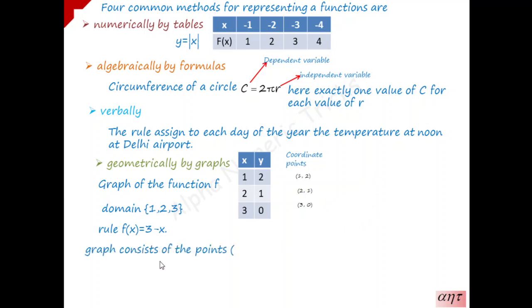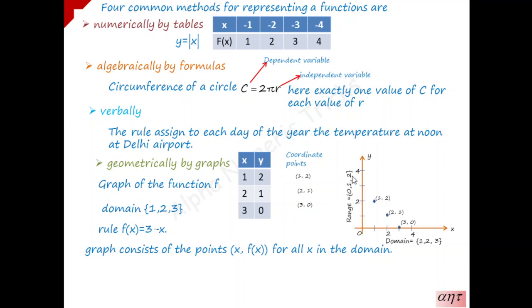The graph consists of the points x comma f of x for all x in the domain. So we take the domain on the x-axis and the range on the y-axis. Here we consider the domain 1, 2, 3 and the range 0, 1, 2, 3, and we plot the coordinate point 1 comma 2, that is, when x is equal to 1 the value of y is equal to 2.